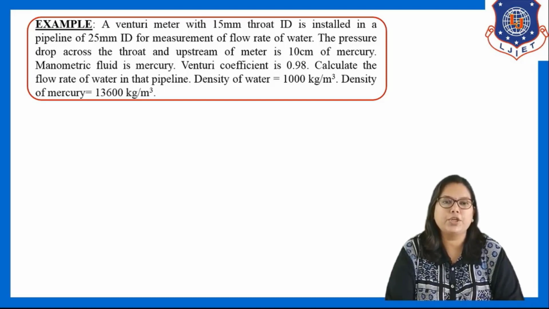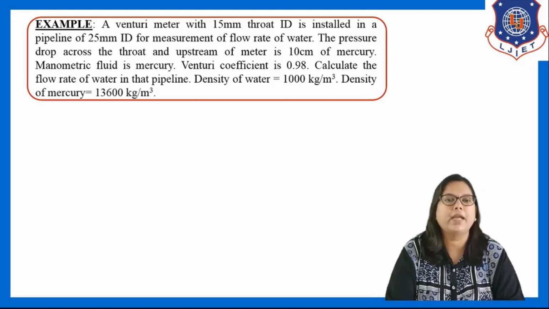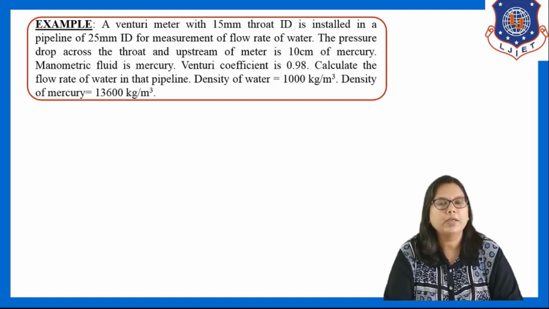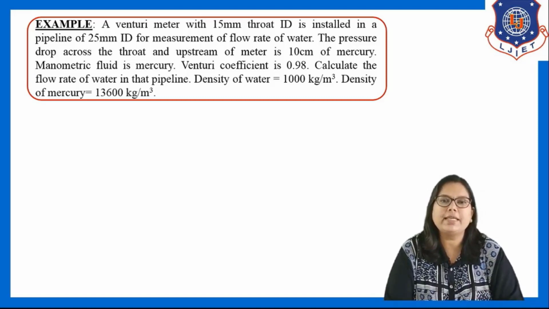Manometric fluid is mercury. Here the manometric fluid which is used in the manometer is mercury. Venturi coefficient is 0.98. Coefficient of Venturi CV is given 0.98. Calculate the flow rate of water in the pipeline.